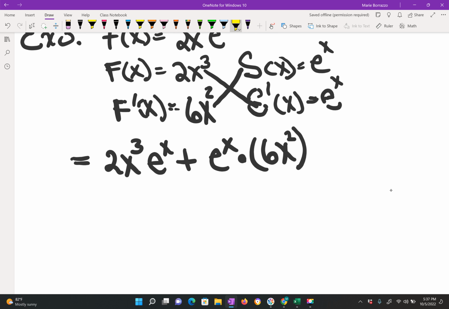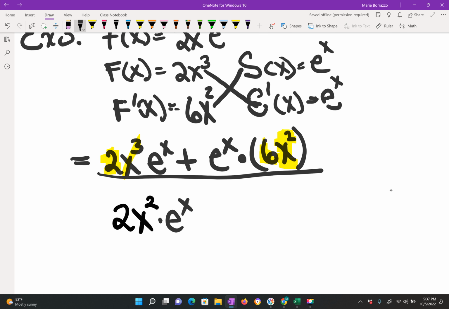Because if you notice in this function, this is a common term. The 2 is common to both as well. So there is an x squared here, so I can technically take out 2x squared. And I can also, my apologies, take out an e to the x, if I'm looking at the whole picture.